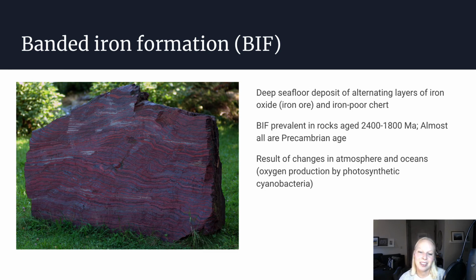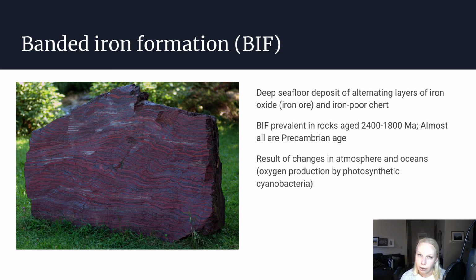So the cyanobacteria were the first things to produce oxygen in our atmosphere. That's where our atmospheric oxygen came from originally. And that change of producing oxygen reacted with the iron in the oceans, and it caused the iron to settle down at the bottom and form these banded iron formations.